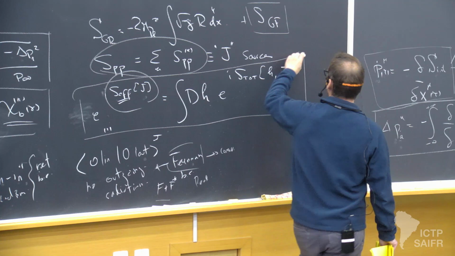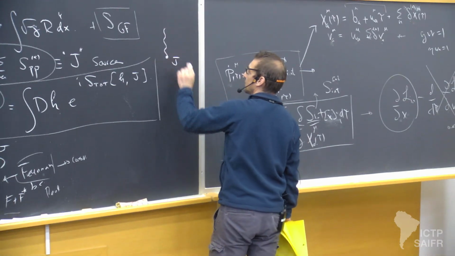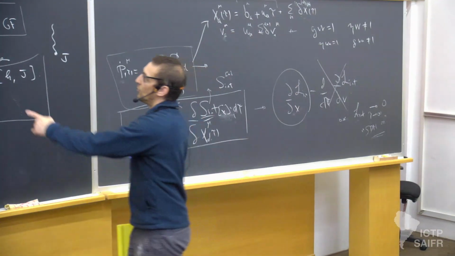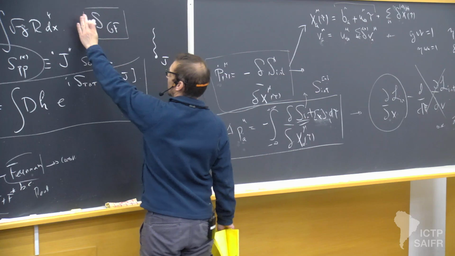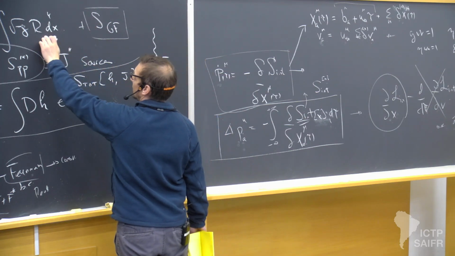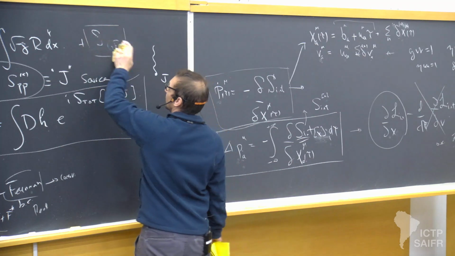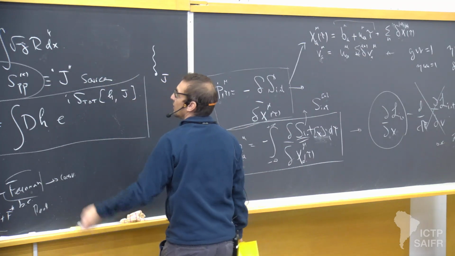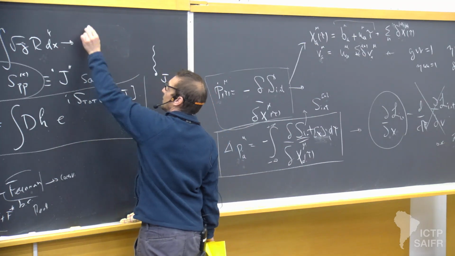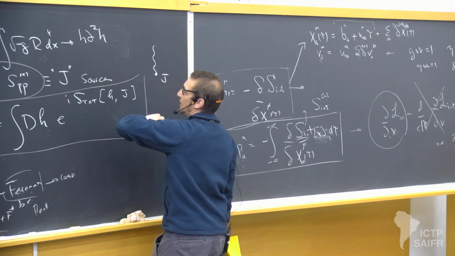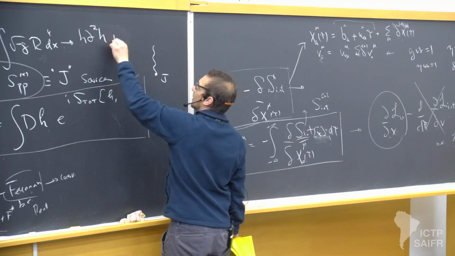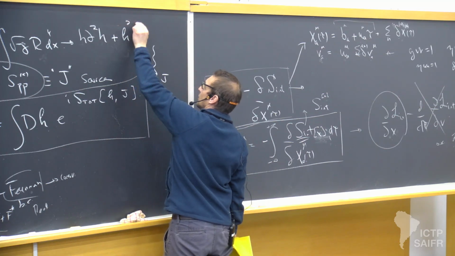The source coupling will be very simple. Now, this is the gauge fixing part, but what is this giving me? This is giving me the propagator. So let me erase the gauge fixing for now. This gives me the propagator that I need to invert.